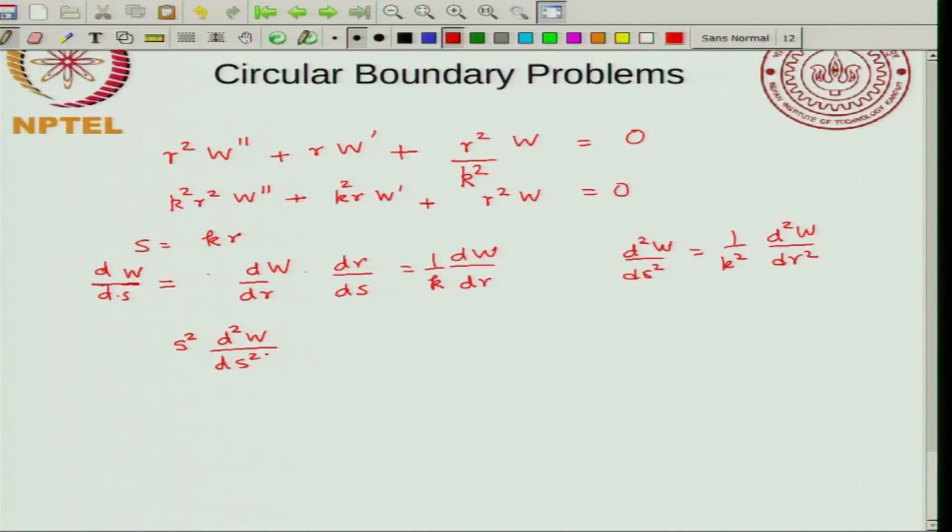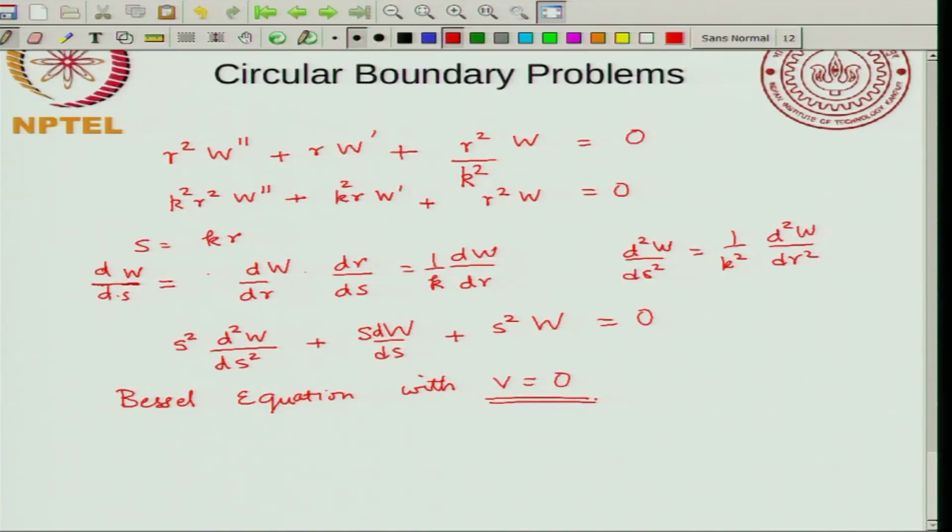You substitute this, do some cancellations, and you will end up with a very nice looking equation, plus s dw by ds, and a term that looks like plus s square w equal to 0. And this is nothing but the Bessel equation with v equal to 0.